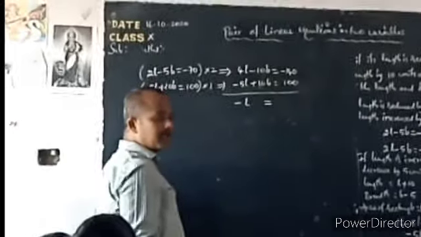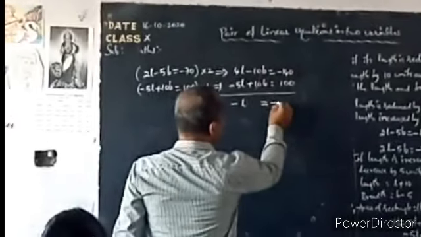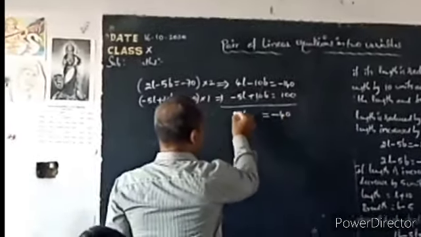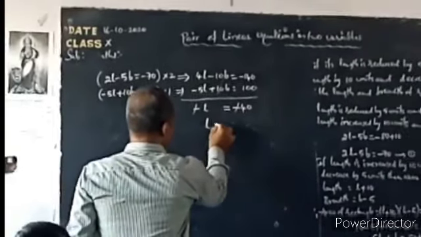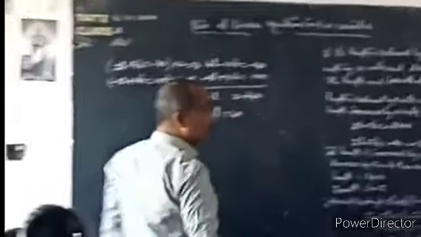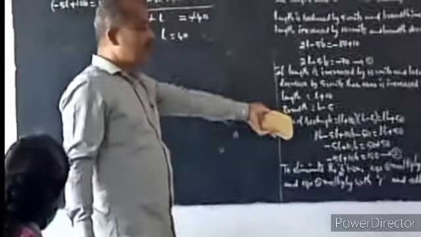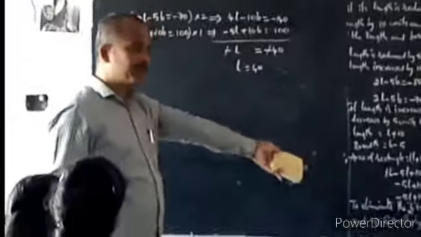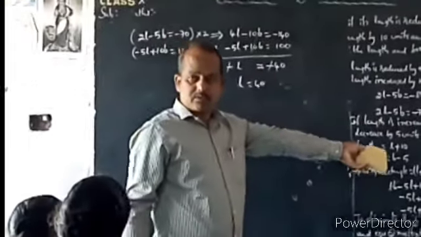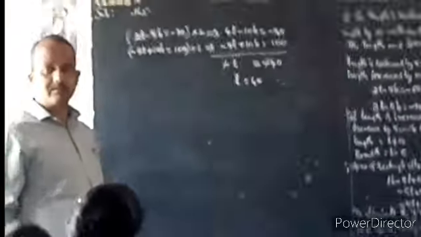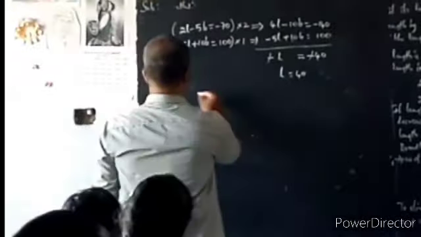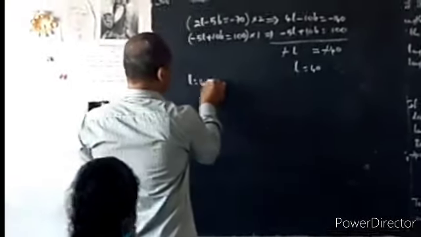That is equals to minus 140 plus 100. How much does it become? Minus 40. So minus minus get cancelled. So length is 40. If length is 40, this L value substitute in any one of the 4 equations we have. First we are getting 2 equations and then after multiplication we are getting 2 more equations. Yes, no? So L is equals to 40.